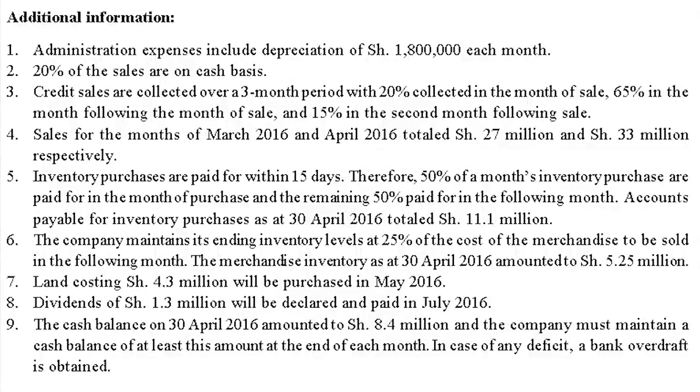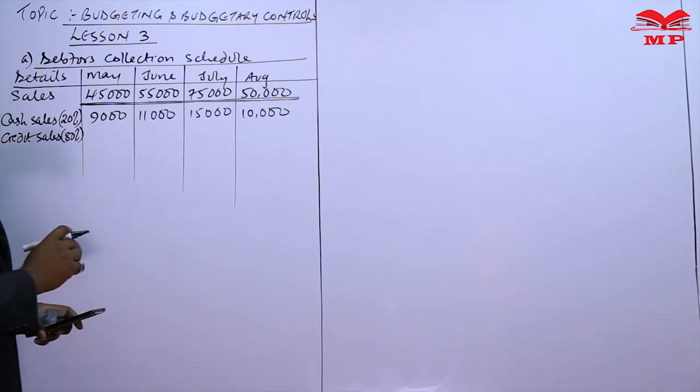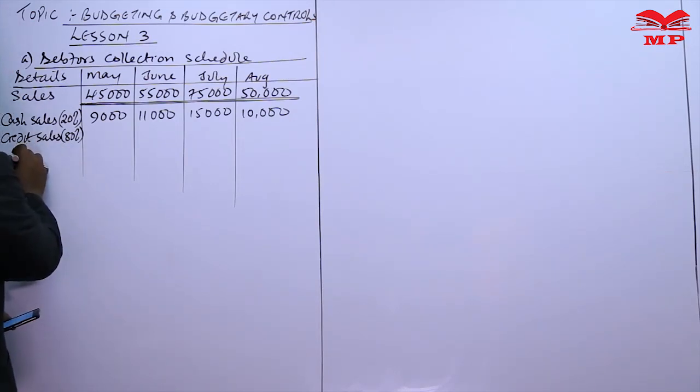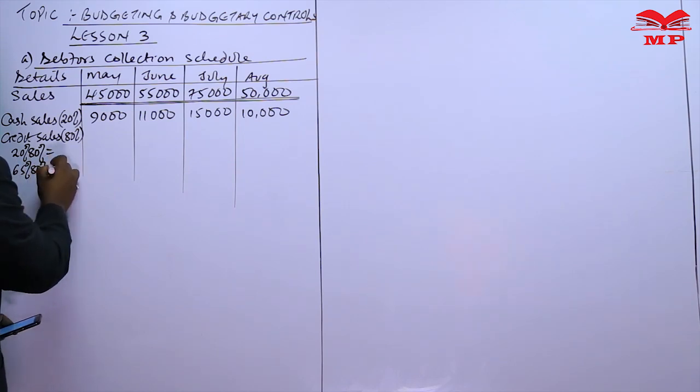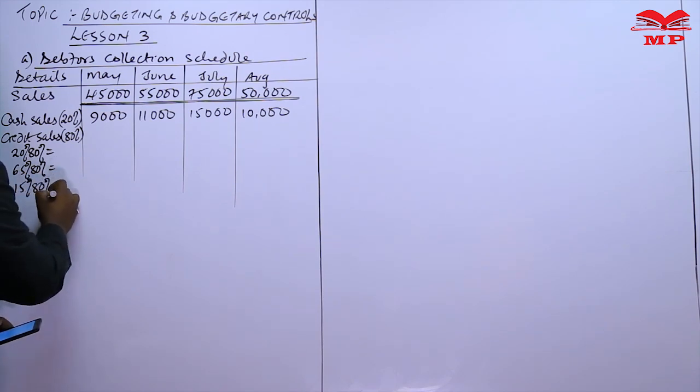So that means we are addressing how this 80% is to be collected. When you're told that we have the 20%, this is of 80%, then 65% is of 80%, and this is the 15% of 80%.